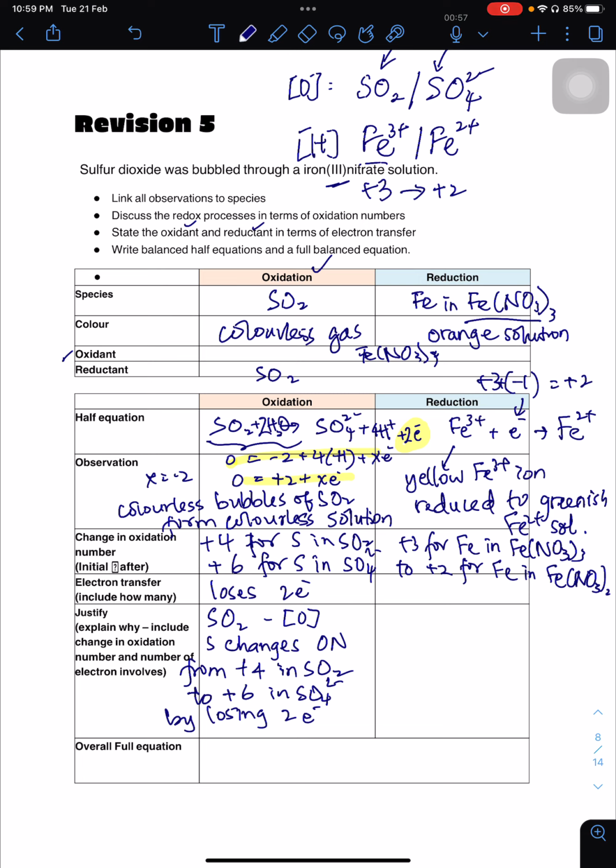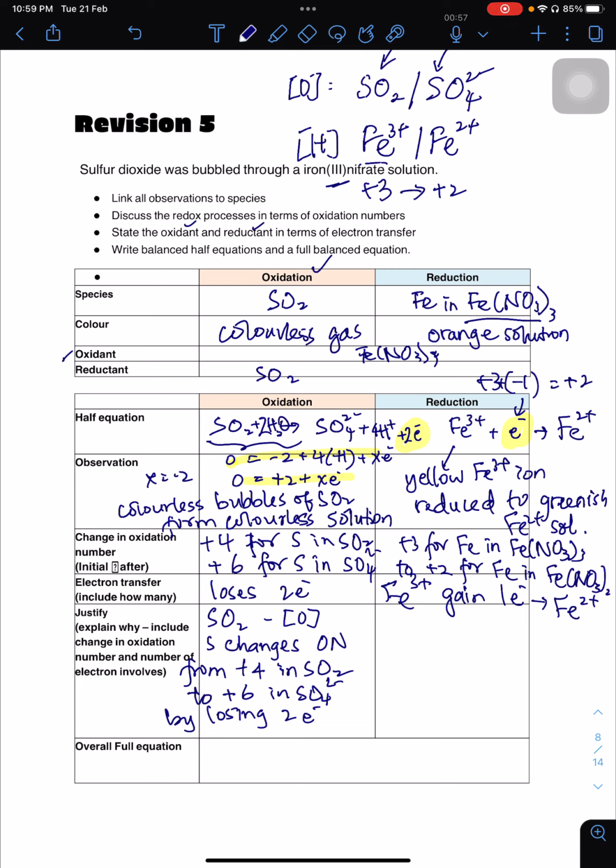Transfer of electron, you can see that there's only 1 electron being transferred or gained. So I'm going to say iron 3 plus gains 1 electron. So you have to mention specifically, okay, to form iron 2 plus. And justify by using the oxidation number.